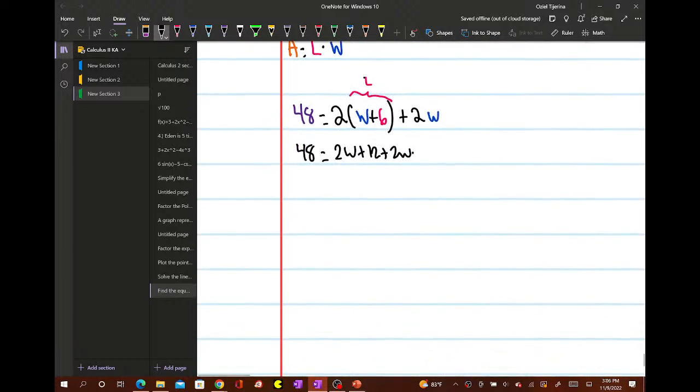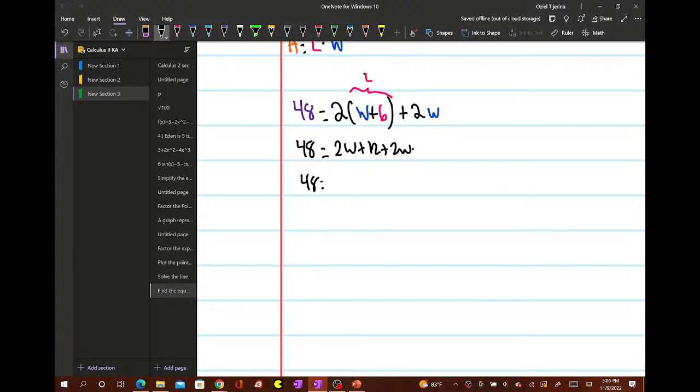And we have 48 equals, so 2W plus 2W is 4W plus 12, right? So then subtract 12 on both sides, you get 36 equals 4W. Now, we can divide both sides by 4 to get that the width is 9, right?